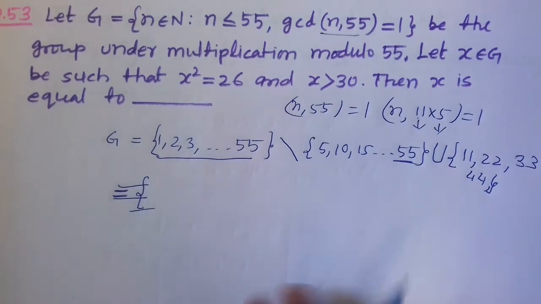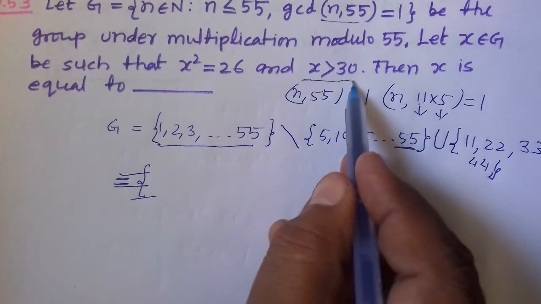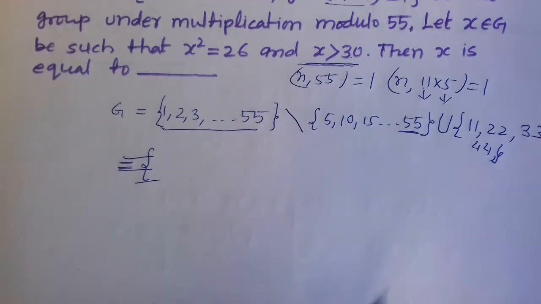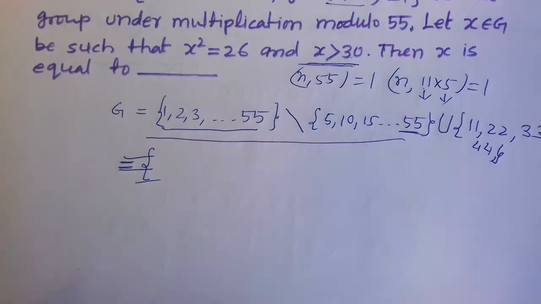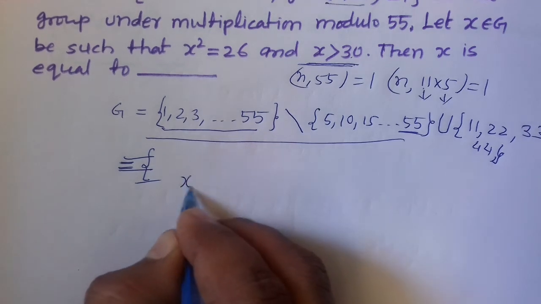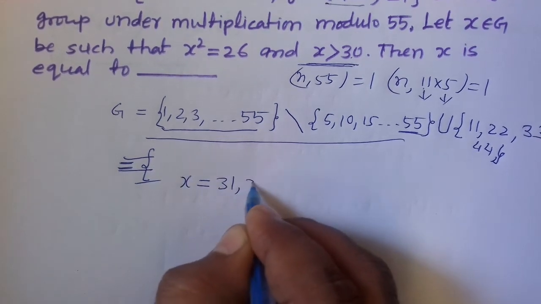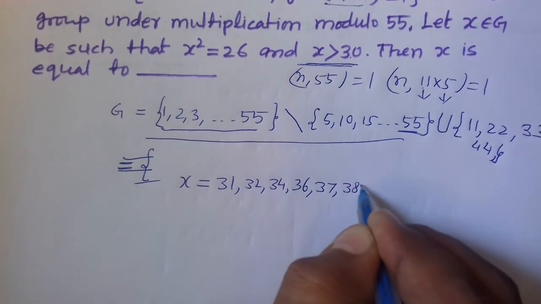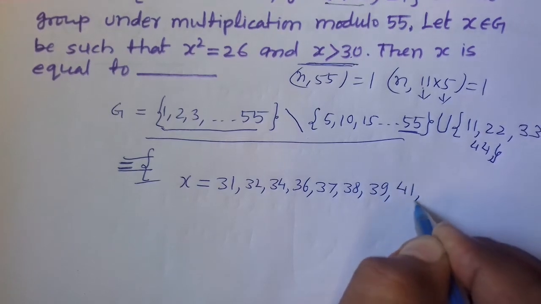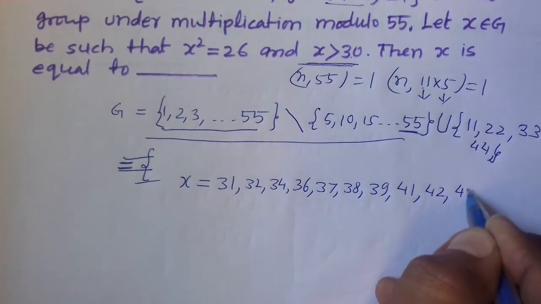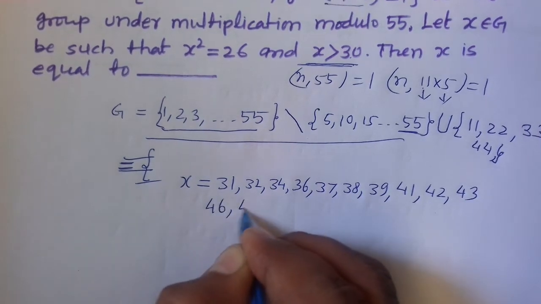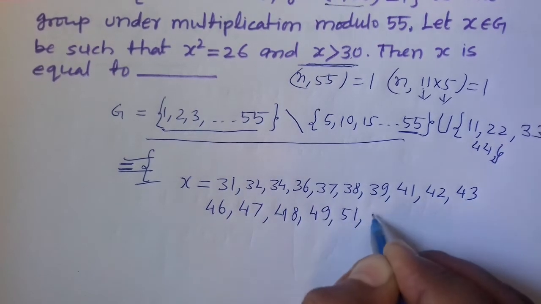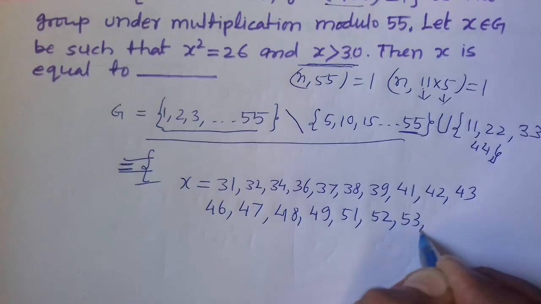you can see the numbers, but here we are interested only in those numbers which are greater than 30. So in this set and greater than 30, the numbers will be 31, 32, 34, 36, 37, 38, 39, 41, 42, 43, 46, 47, 48, 49, 51, 52, 53, 54.